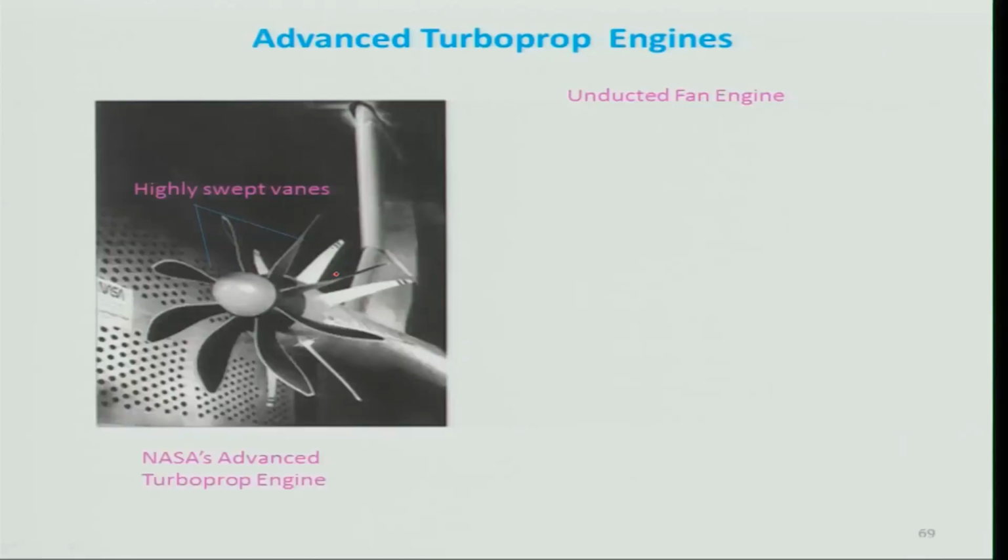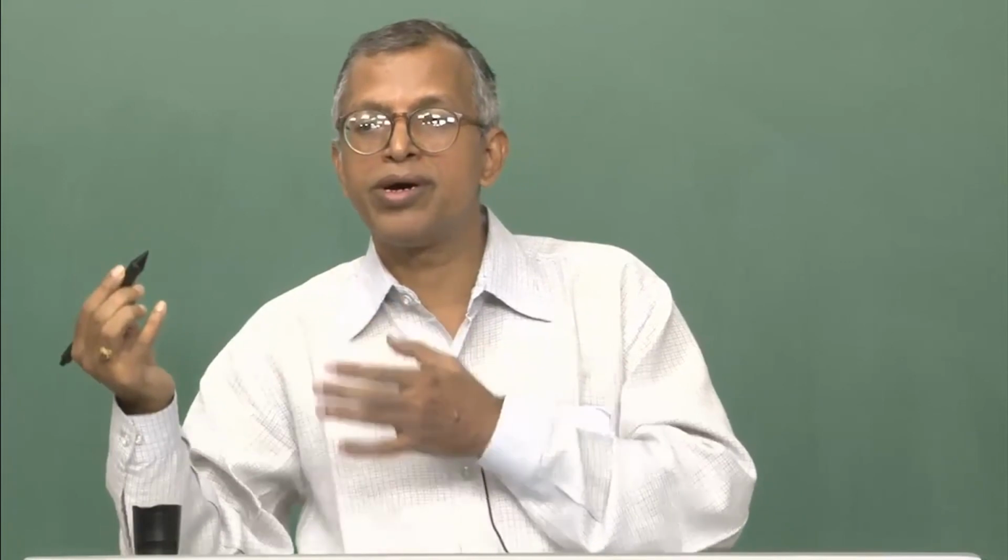People are saying that the gearbox is a problem, because you will have to transfer the power from the low pressure turbine to the propeller with the help of a gearbox, and the propeller is generally in the front, as you see.